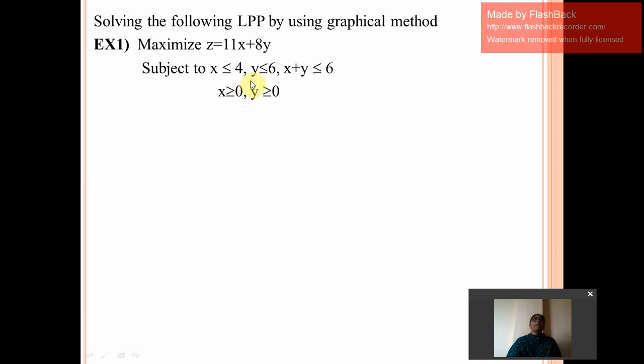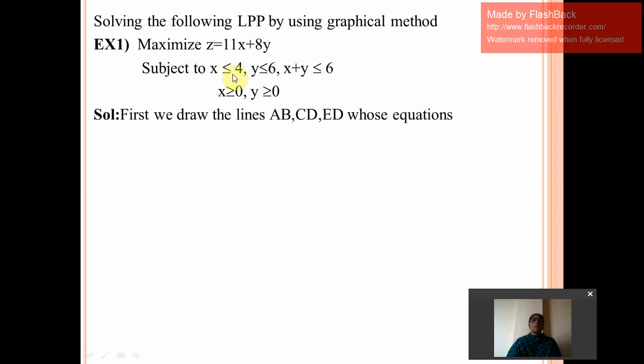To determine the value of x and y by which we can obtain maximum value by graph, these three constraints can be written as equations: x is equal to 4, y is equal to 6 and x plus y is equal to 6.